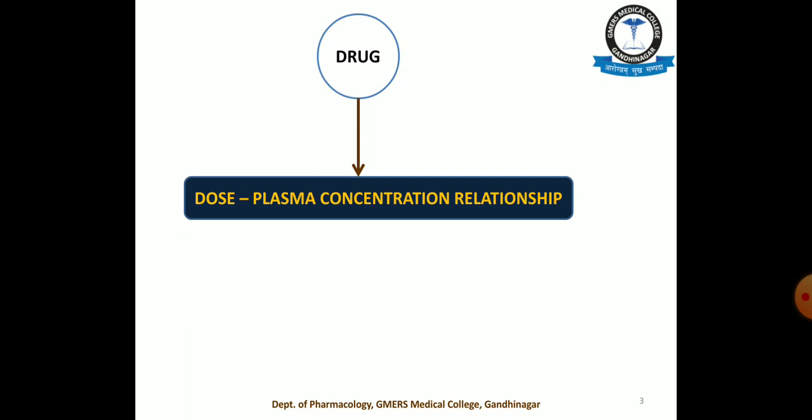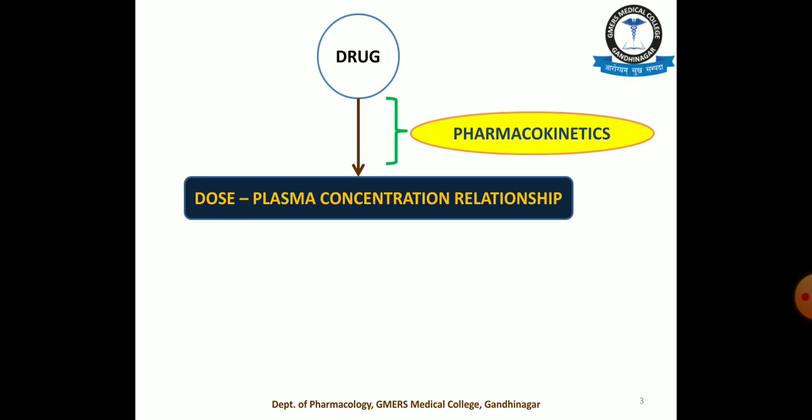What do we mean by it? Out of the amount of drug that you administer, a certain amount remains in the plasma and is available for action. This is included in pharmacokinetics. The pharmacokinetic principles decide the percentage of the drug that reaches the plasma after administration.